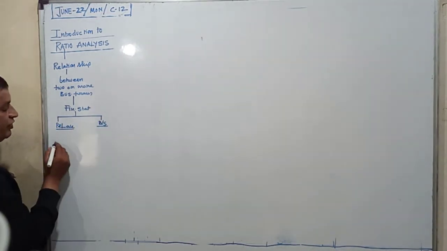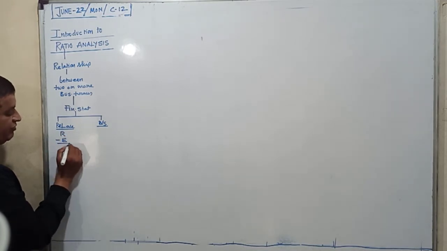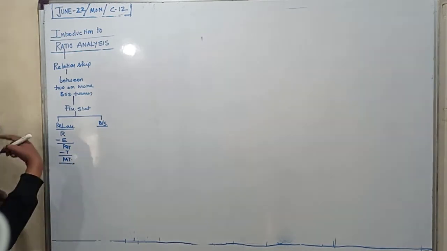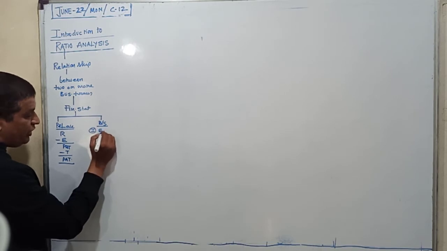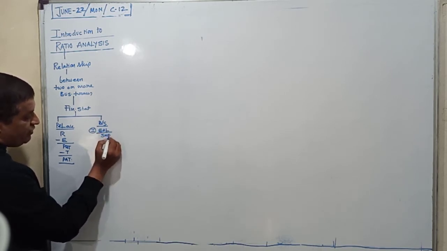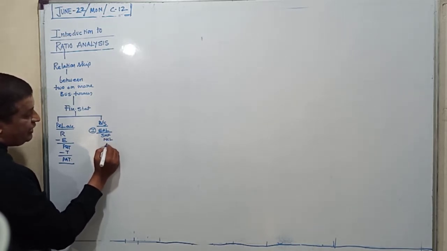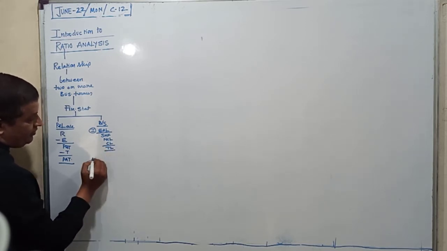What do we have in the profit and loss account? We have already seen revenue minus expenses gives profit before tax, minus tax gives you profit after tax. Similarly, what do you see in a balance sheet? There are two parts. The first part is equity and liability, in which we have shareholders' fund, non-current liability, current liability, and total liability.